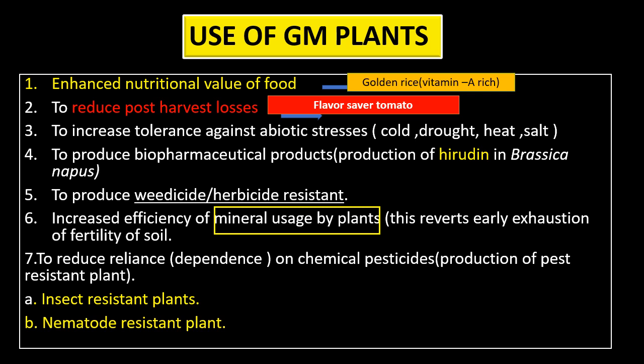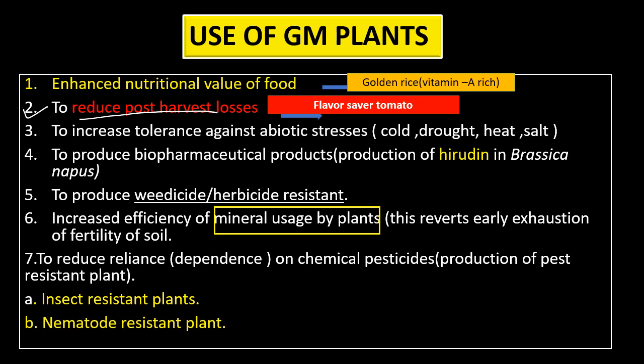Next, to reduce post-harvest losses, Flavr Savr tomato. In Flavr Savr tomato, we reduce post-harvest losses. So what is post-harvest loss? It means that normally after some time the tomatoes degrade due to the presence of ripening genes.